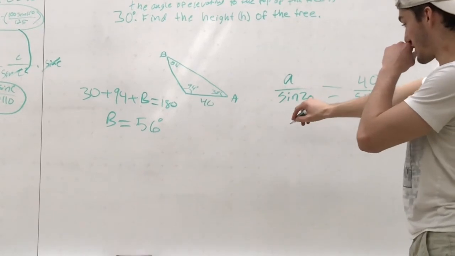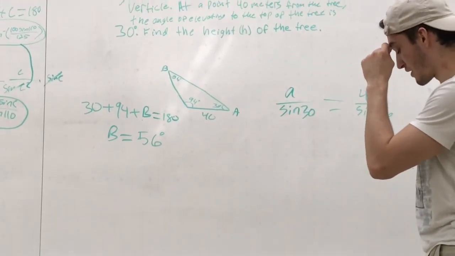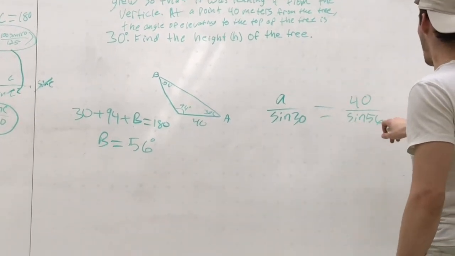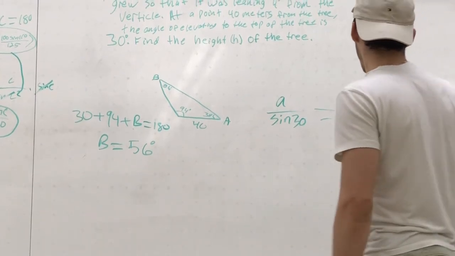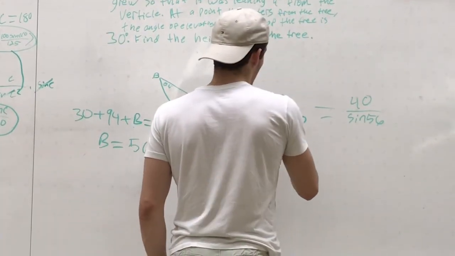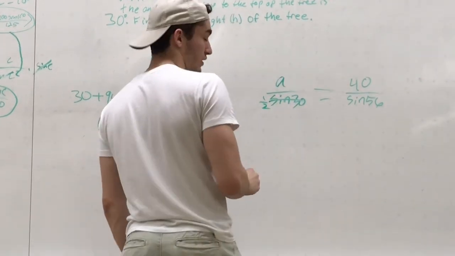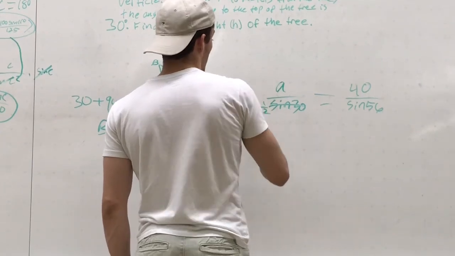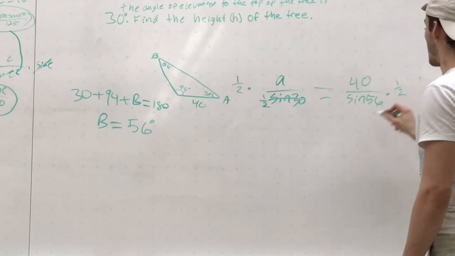So we know that the sine of 30 would be 1/2. So I'll cross this out, since we already know that value. So then you're multiplying each side by 1/2, same thing as dividing by 2.